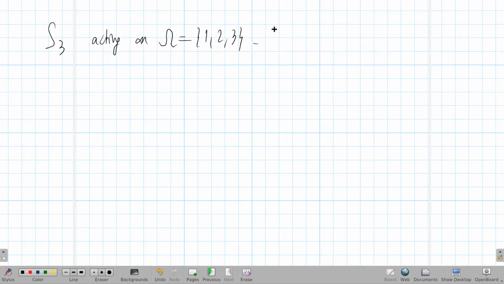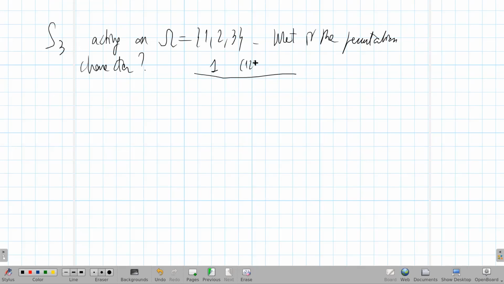So what is the permutation character of this action? We had already calculated this, but let's do it again. So we write the conjugacy classes: the conjugacy class of 1, the conjugacy class of (1 2 3), and the conjugacy class of (1 2).